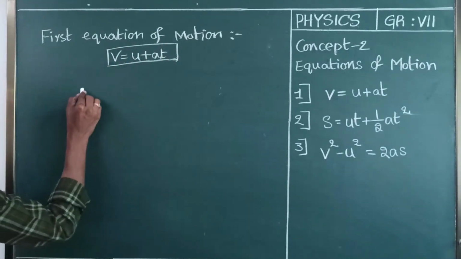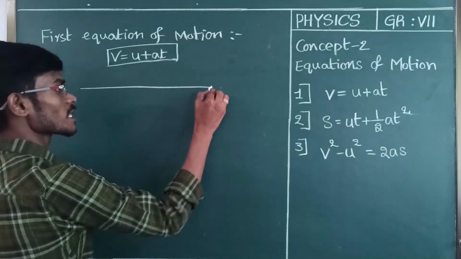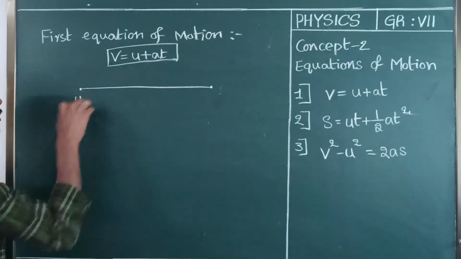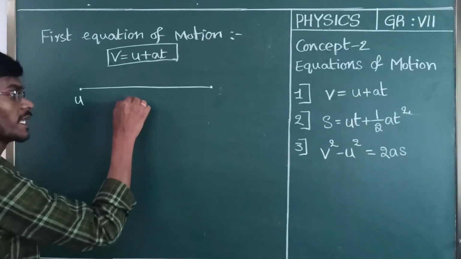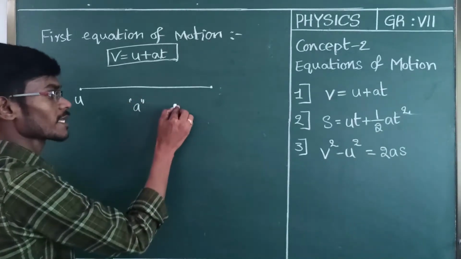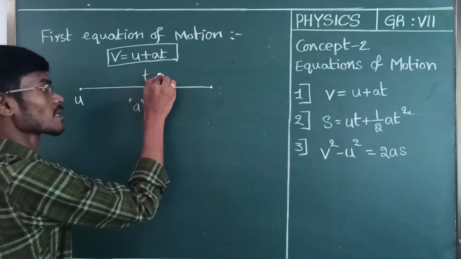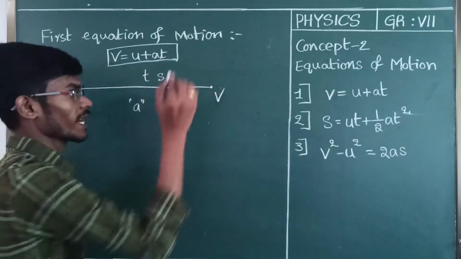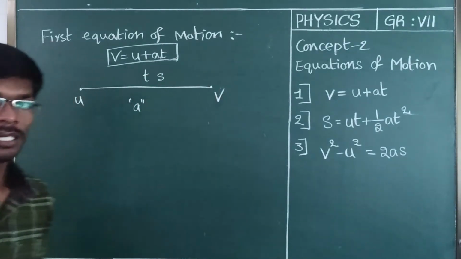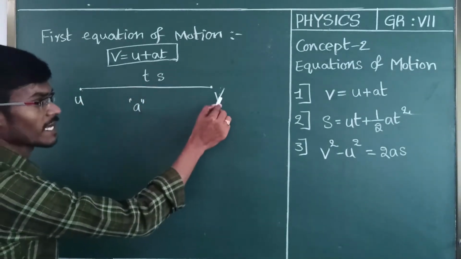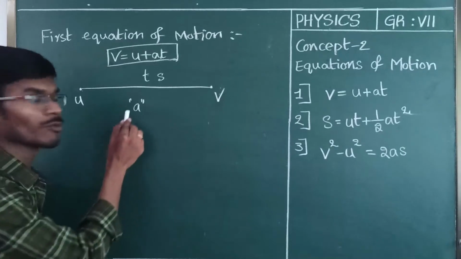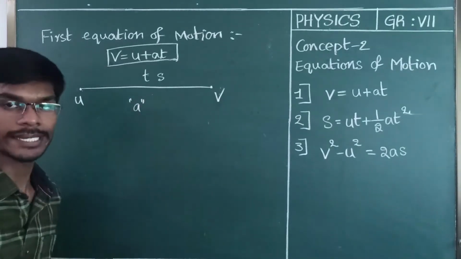Consider an object which starts with some initial velocity u and moves with some uniform acceleration a, and after t seconds it reaches its final velocity v.